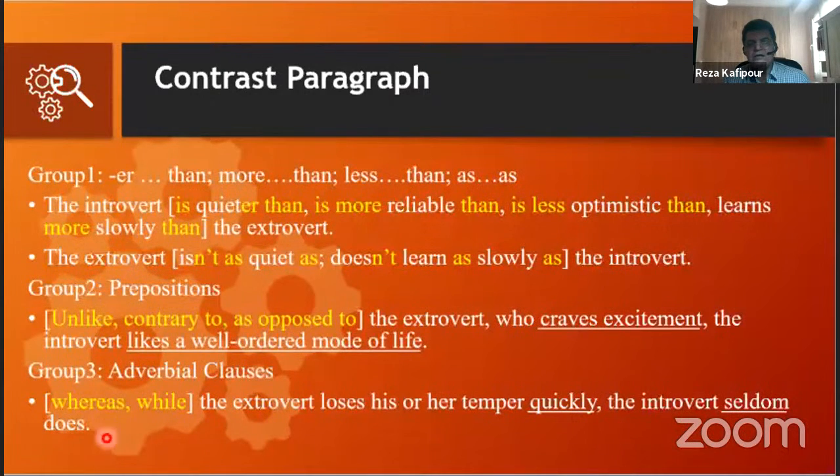In any circumstance that it is possible, you should try to omit parallel structure. Here, loses his or her temper is replaced by the verb does, in order to prevent parallel structure. Instead of saying the introvert seldom loses his or her temper, we say the introvert seldom does. So it is very important to prevent parallel structure whenever possible. We should not repeat them.